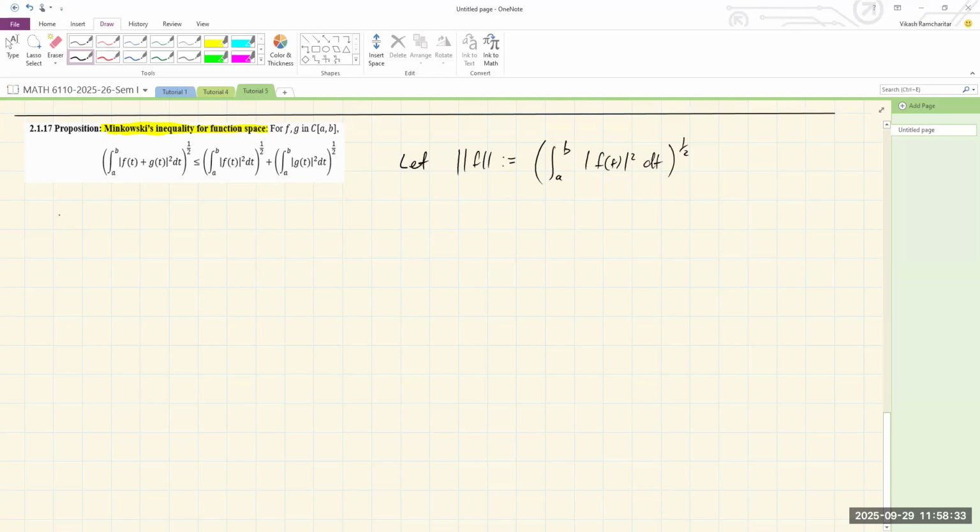Now, in the proof of this, I could rewrite this Minkowski inequality in terms of this norm notation.